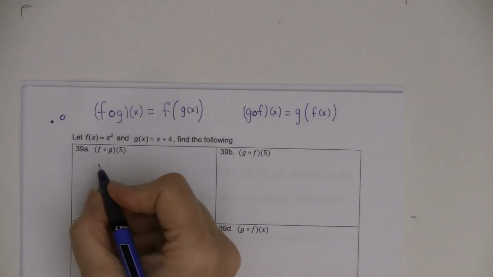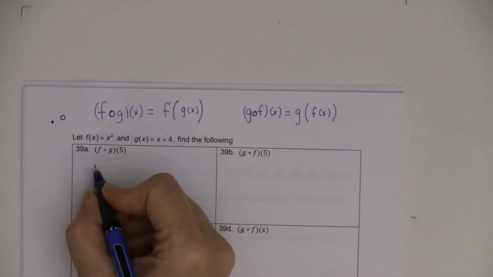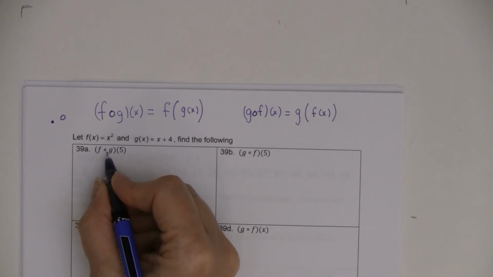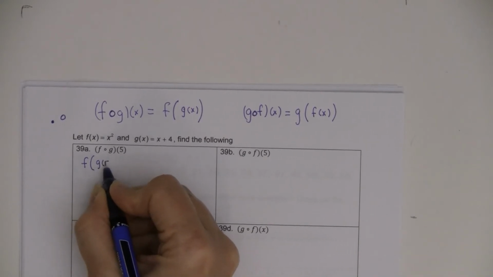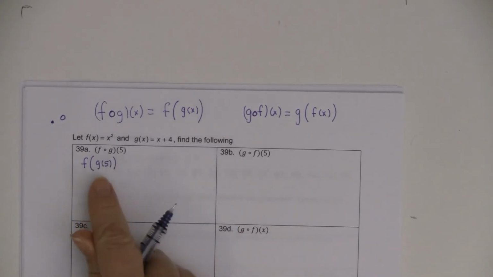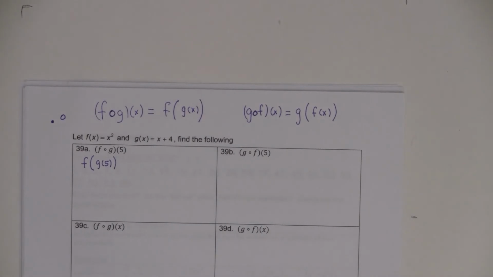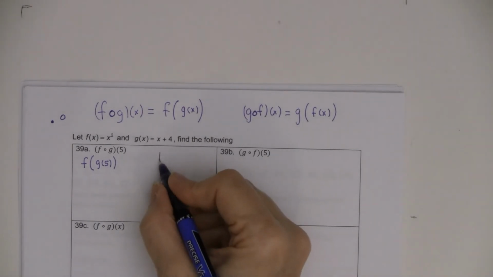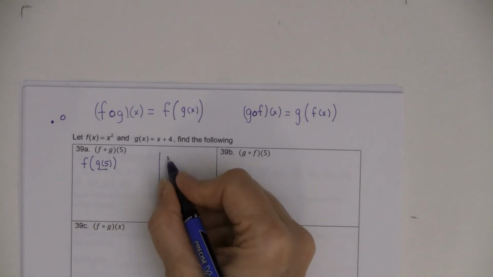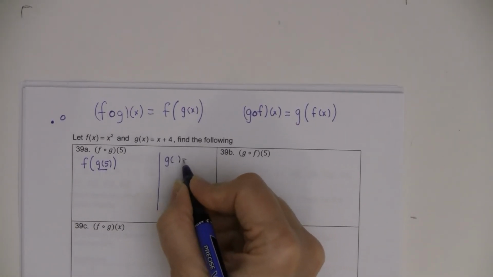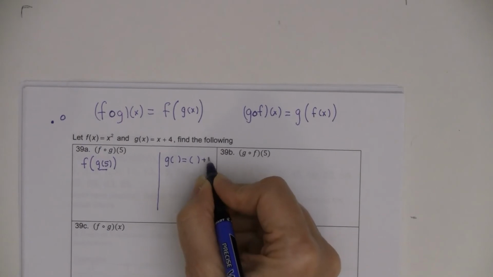So this is asking me on 39A for F composed with G at 5. So this is F on the outside, and then G at 5 on the inside. And we practiced those. We didn't say it was function composition back there in 6.2. And so on our side paper over here, we said, well, we got to do G first. So this has to happen first. So G is equal to the parentheses plus 4.